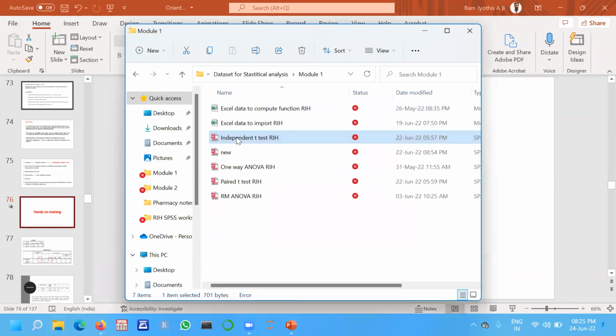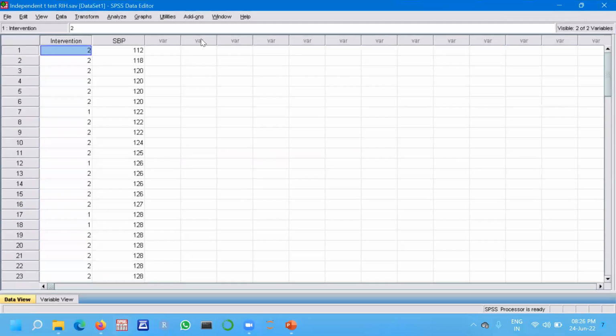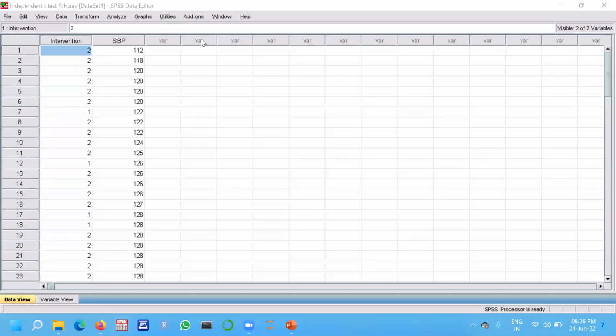Before going for that, those who are with a computer, all of you can access this data set. Please respond. All of you got this one?